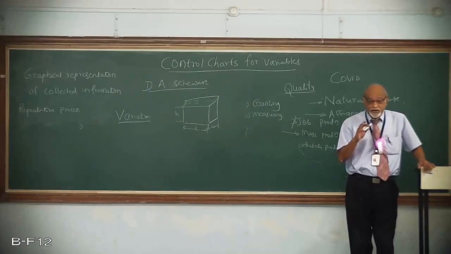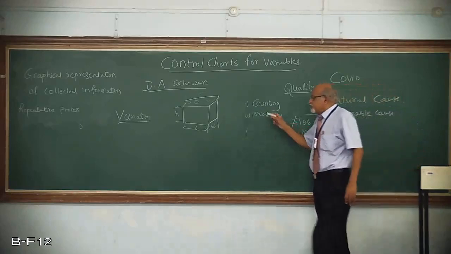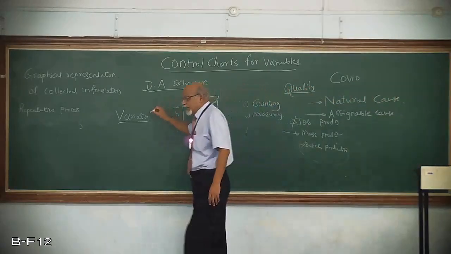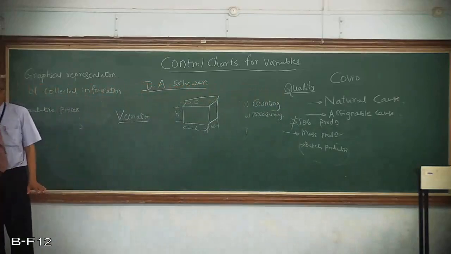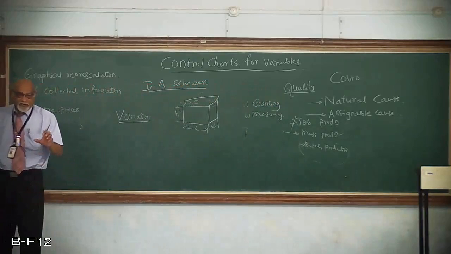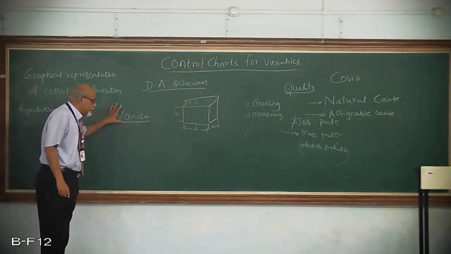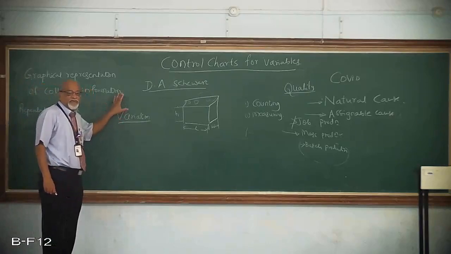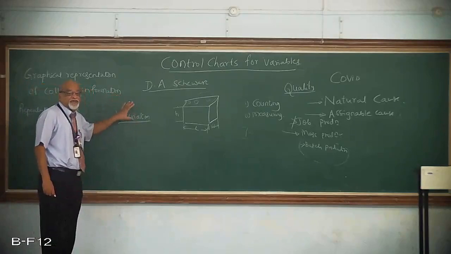You can just think. So that means the variation is natural. We cannot do anything about it. But the only thing is, if the variation is natural, then are we able to tell whether it is because of the natural variation, or because of certain other factors?